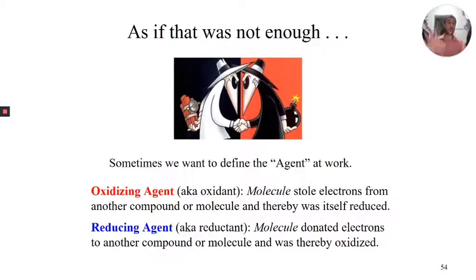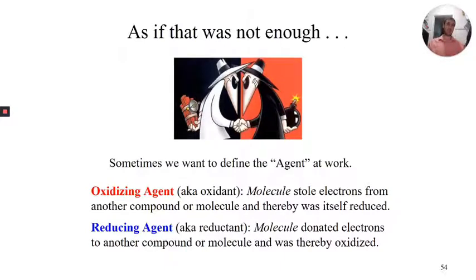An oxidizing agent caused something else to be oxidized. If that thing lost electrons, the agent had to force that to happen. The only way that other thing could lose electrons is if something took them. Our oxidizing agent was the thing that took them. So the oxidizing agent is actually reduced.